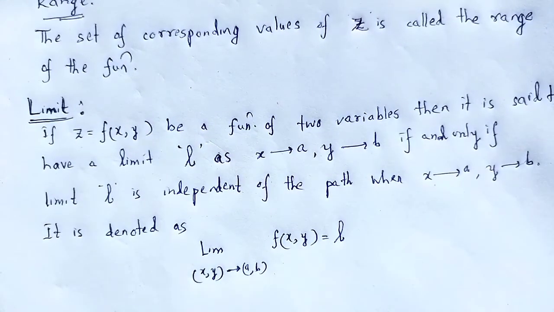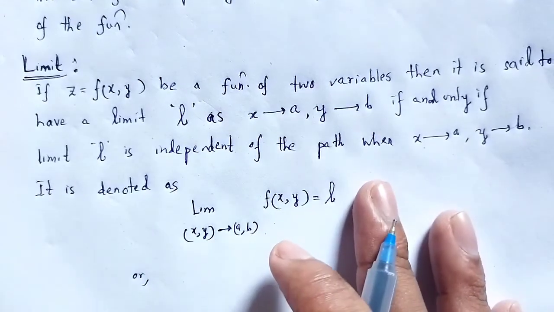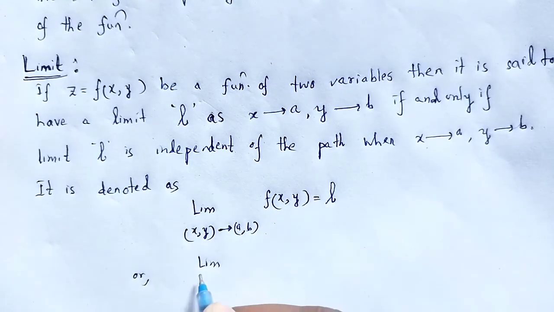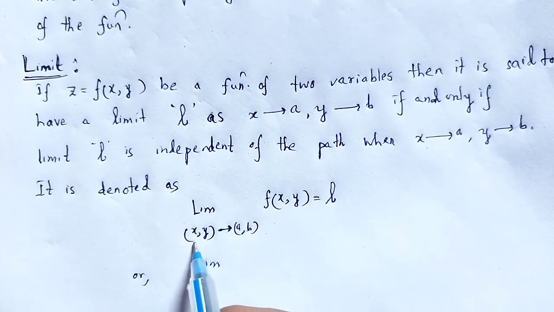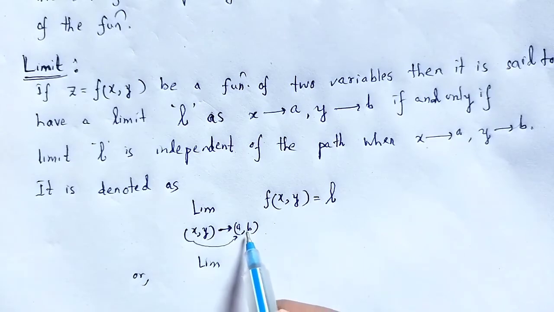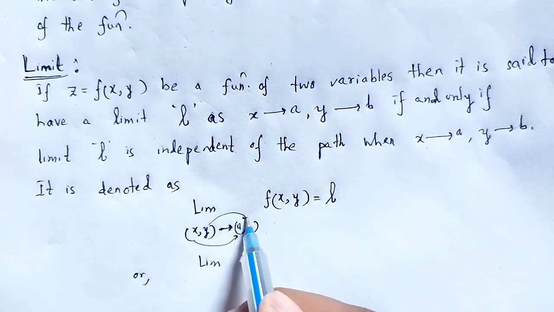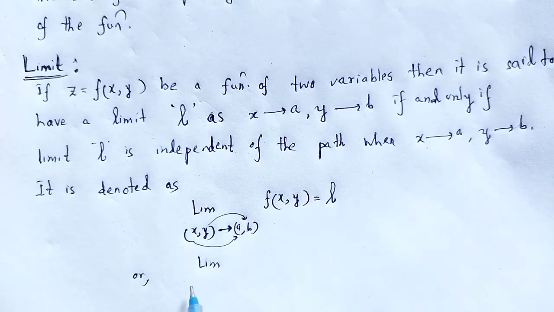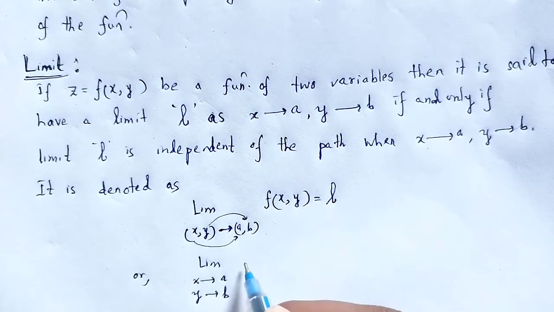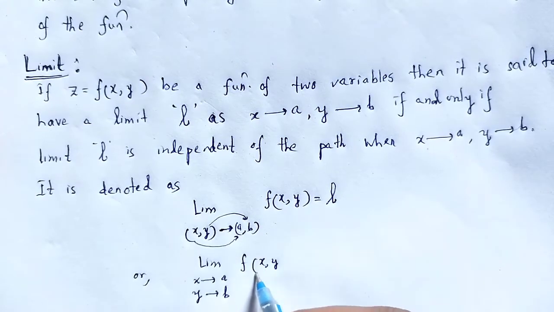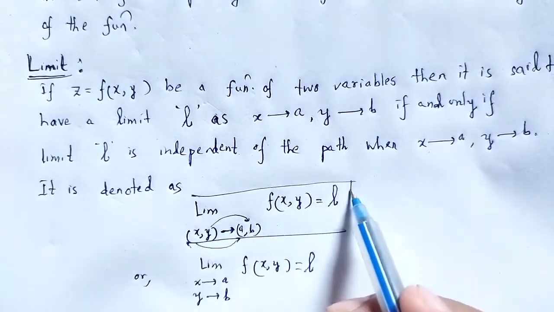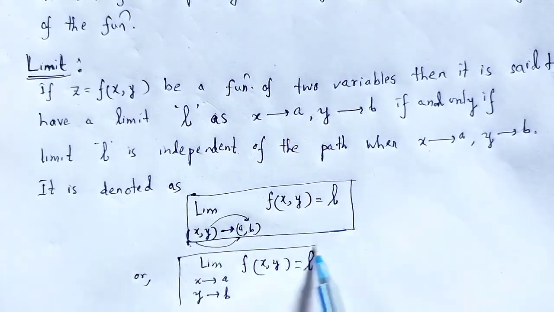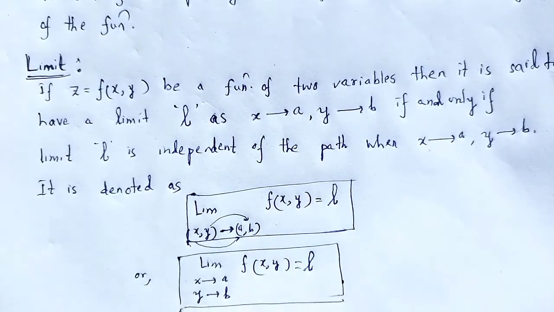Also it can be further written as limit x comma y tends to a comma b, which also means x tends to a, or x approaches a, and y approaches b, or y tends to b, and the function f of x, y tends to small l. This is the way of writing the limit of functions of more than one variable.